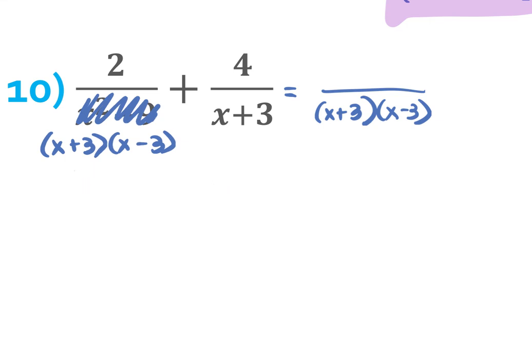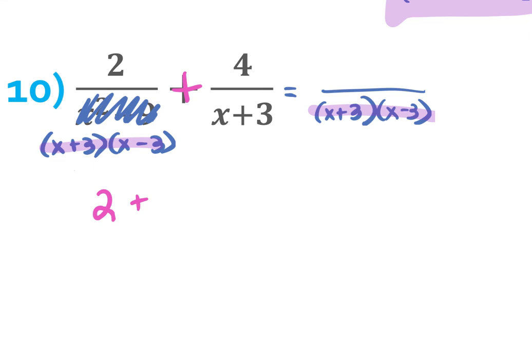Okay, so now it's a little different, right? Because my first denominator, what's true about that with the least common denominator? Compare these two. They're the same. I don't have to change 2 at all. 2 doesn't have to get multiplied by anything. I just bring it down. Then I bring down the plus from the in-between plus. And then I go to the second fraction.